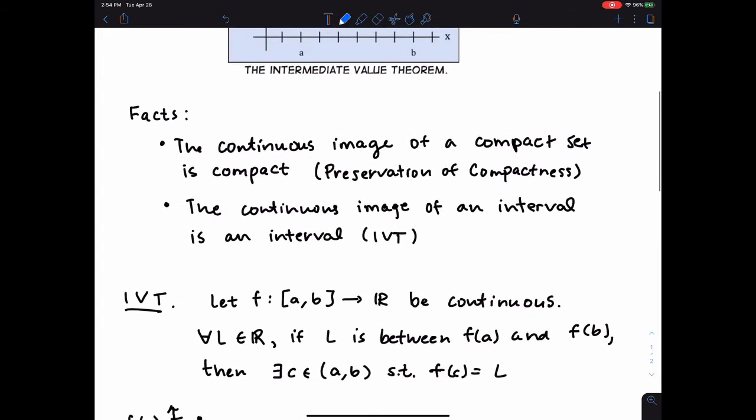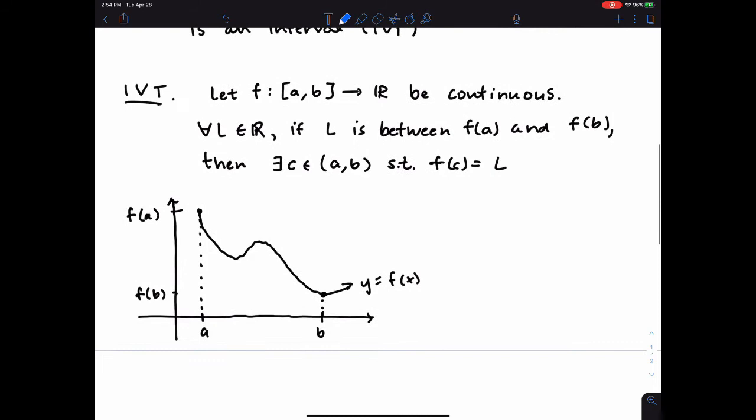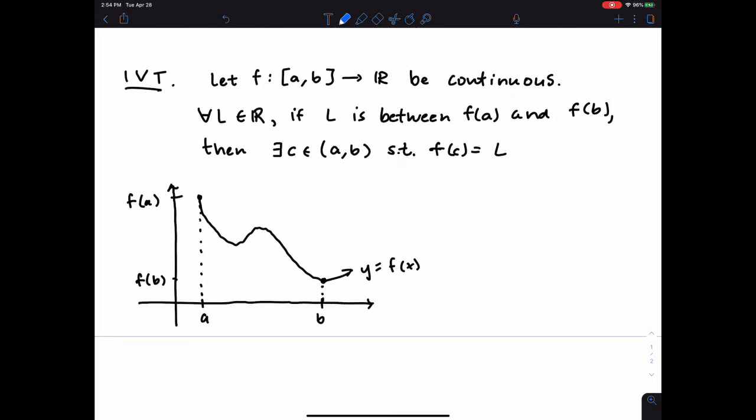So here's the formal statement of the IVT. It says, suppose you have a function defined on the interval a to b, and you know that it's continuous. Then any L value between f of a and f of b, so you can think of any L as a value of y on your graph, for any number that sits on the y-axis between f of a and f of b, so maybe it's here, and by between I mean it's not actually equal to f of a or to f of b, it's just a strict inequality.